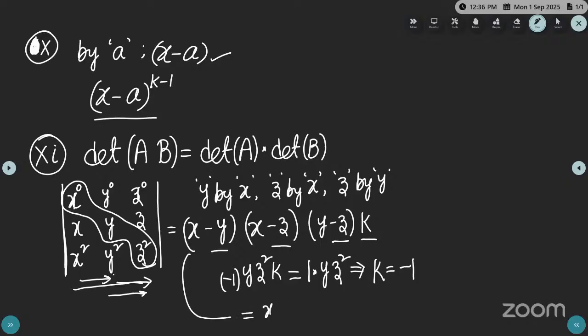x minus y into y minus z into z minus x. I have just written this k equals minus 1 inside this. That's enough. Okay, this is the application of the factorization theorem. Even if it is 4 by 4 or 5 by 5, you can do it.